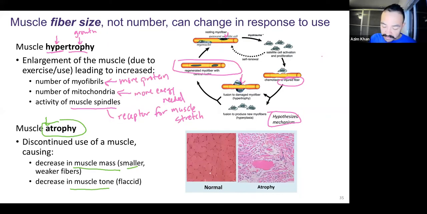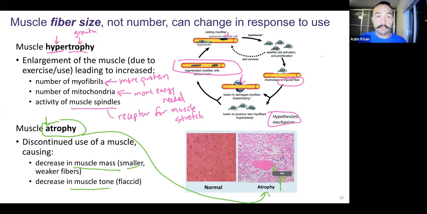An atrophied muscle has very small muscle fibers. You're not decreasing the number of muscle fibers, you're decreasing the size. You compare that with a normal picture of muscle fibers. You can compare the cross-sectional size of the different muscle fibers. Obviously, the normal one is bigger. They're all pushed up on one another. You don't really have that here for atrophied muscle.